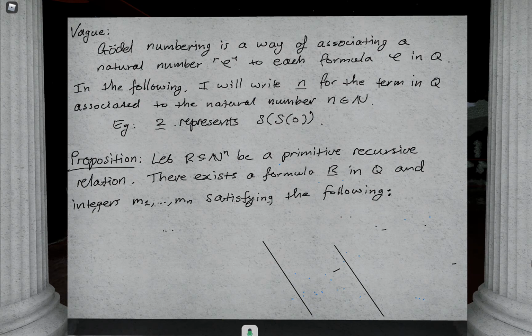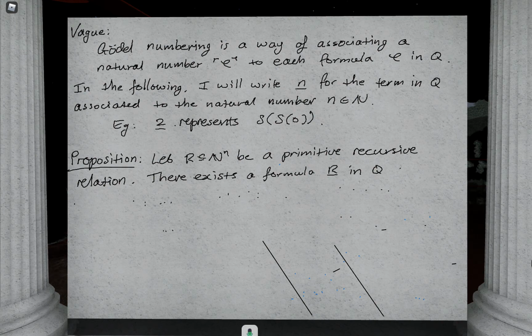Okay, let R be a subset of the natural numbers taken to some n-fold product. If this relation is primitive recursive, then it satisfies the following condition. There exists some formula R underline in Q. Oh, I've written this wrong as well. Okay, so it's not that there exists integers, it's that all sets of integers satisfy the following. God.